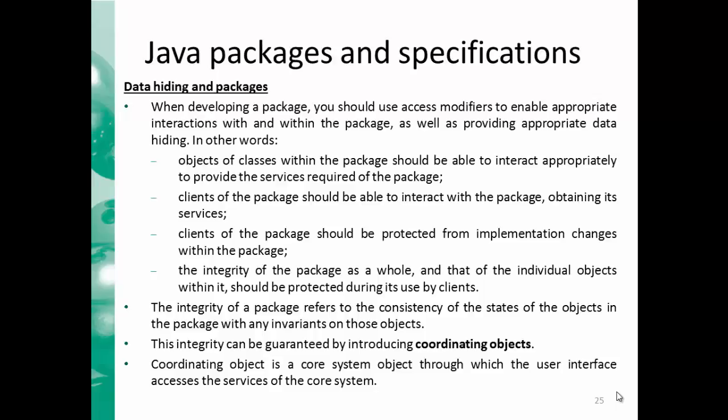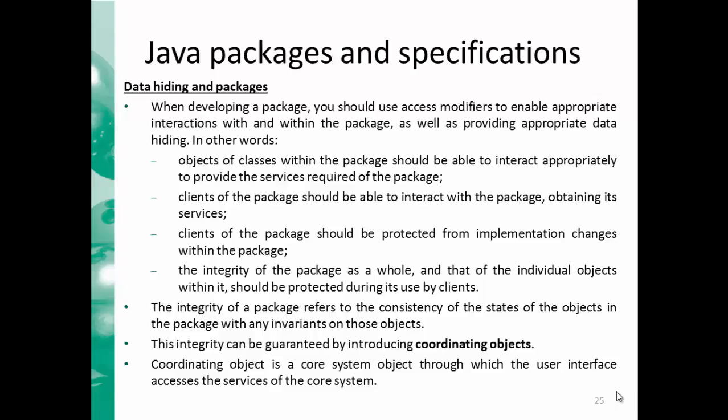Now, when we say integrity of a package, we mean the consistency of the states of the objects in that package. And this can be guaranteed by introducing a term very important from now on. We call it the coordinating object.